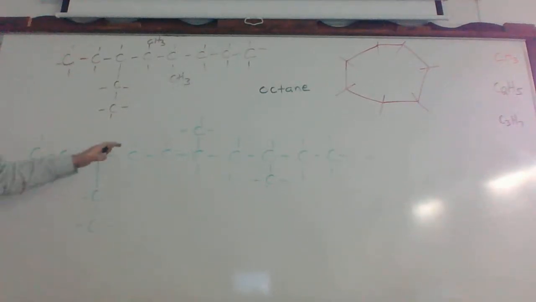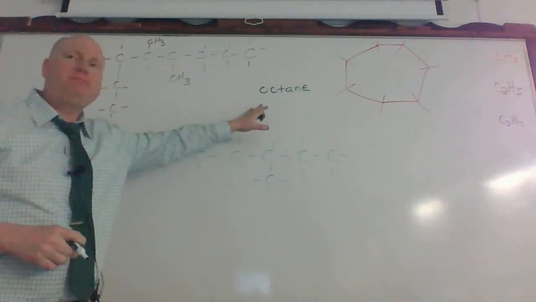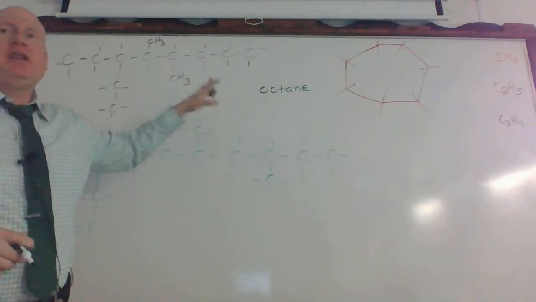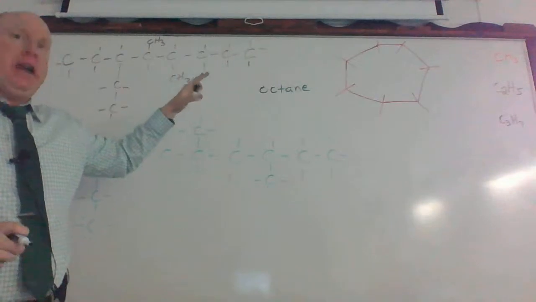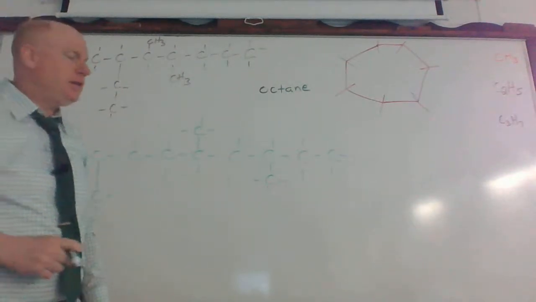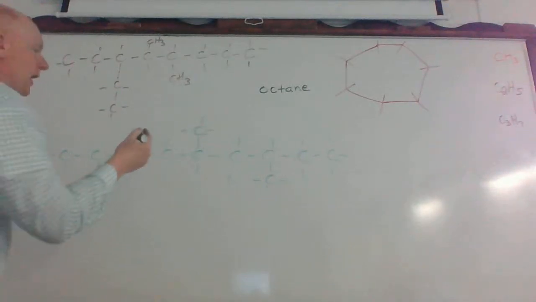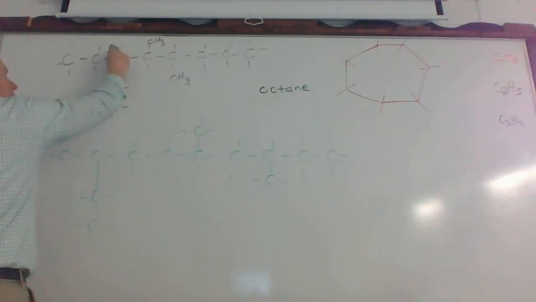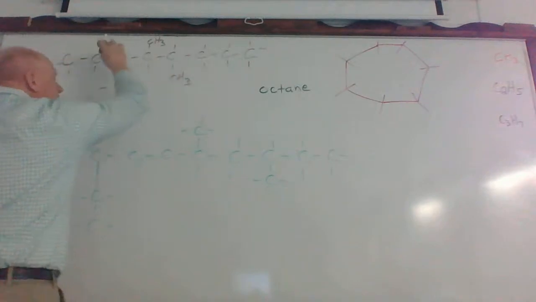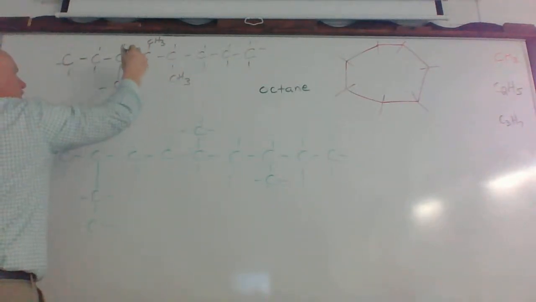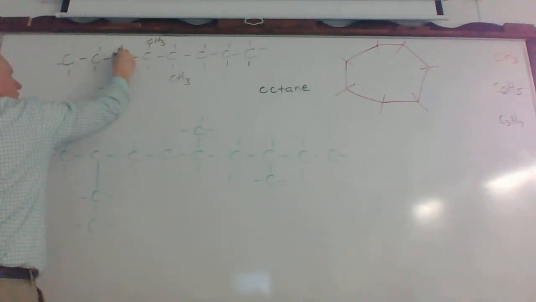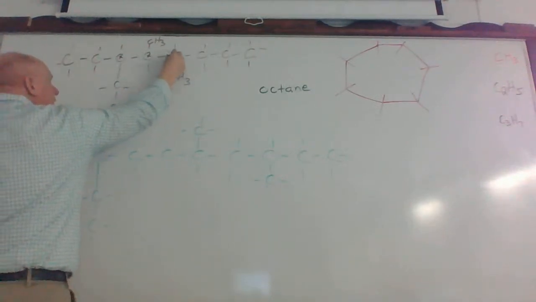So now we've established our parent chain. Is there anything branching off of that parent chain? The answer is yes. So let's say X marks the spot. Let's keep it simple and just say it goes like this rather than up and over, but you could. So there's a derivative on this carbon, on this one, and this one.